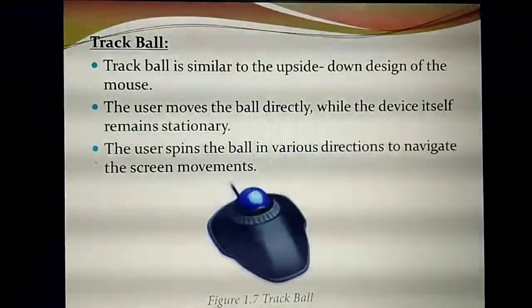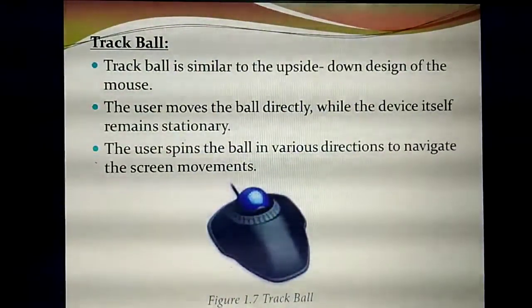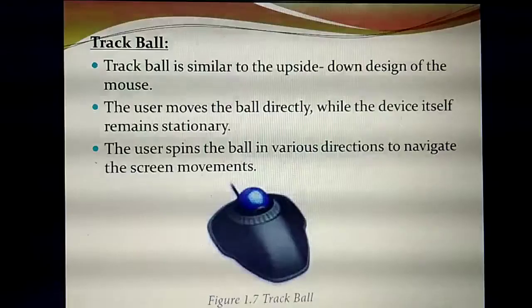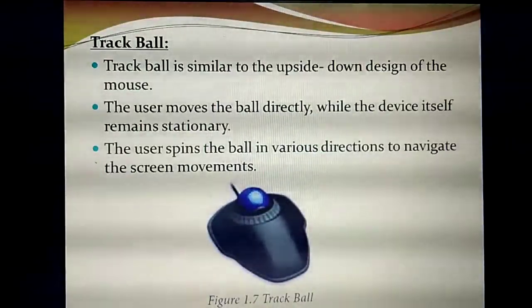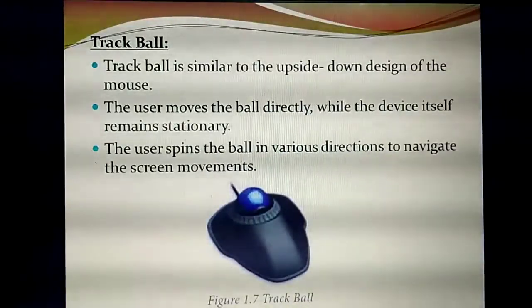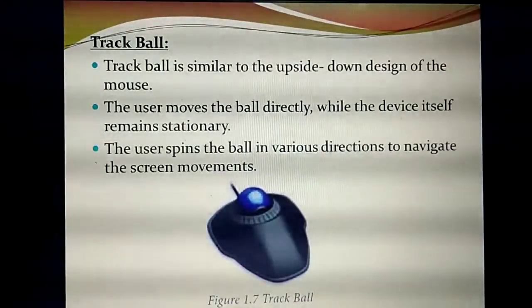So this is just like a mouse. If you are seeing the diagram, it is just like a mouse. But when you use a mouse, you move the mouse from here to there, and the pointer also moves. Just scrolling the ball, then left click, double click, all of that. What's the thing here?